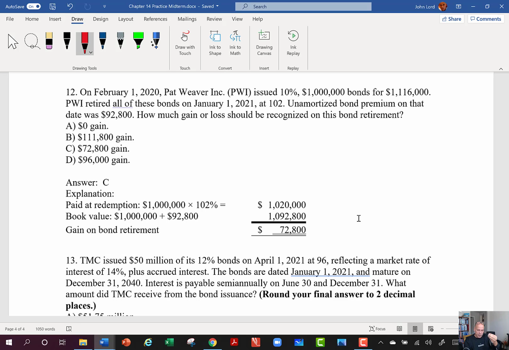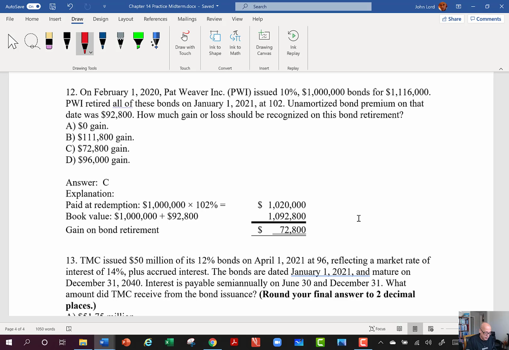Once we figure out the carrying amount of the bond, we compare the carrying amount to the cash they're going to have to pay to retire it. If the cash is more than the carrying amount of the bond, that's a loss on that retirement. If the cash is less than the carrying amount of the bond, that's going to be a gain on the retirement.